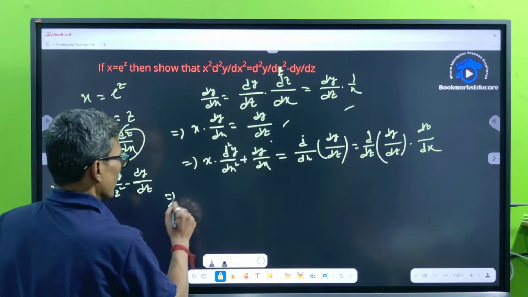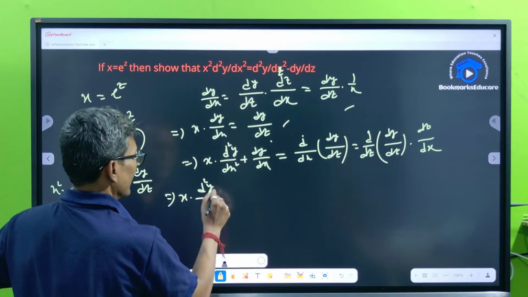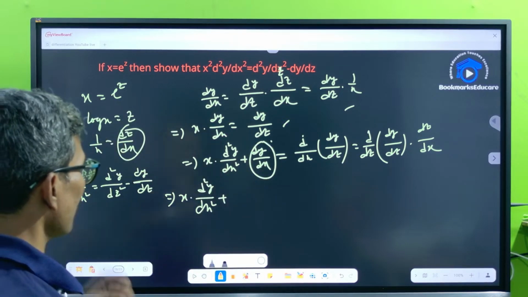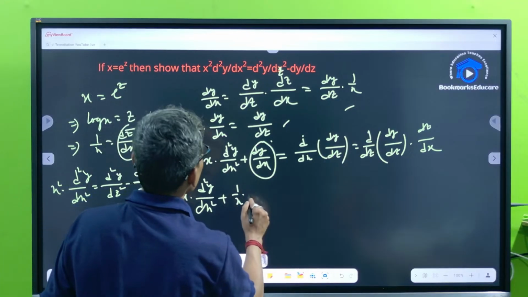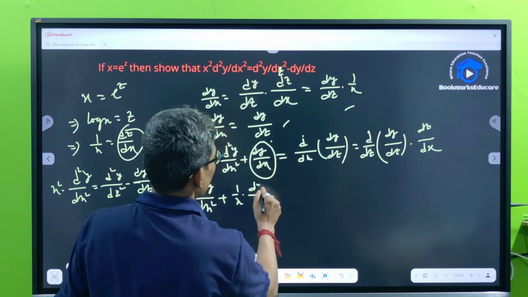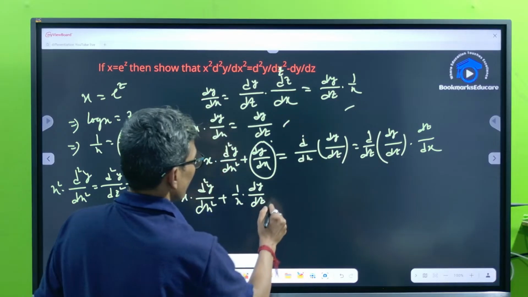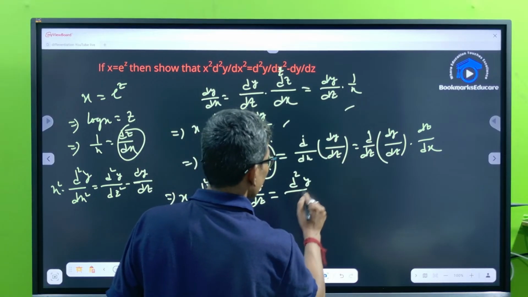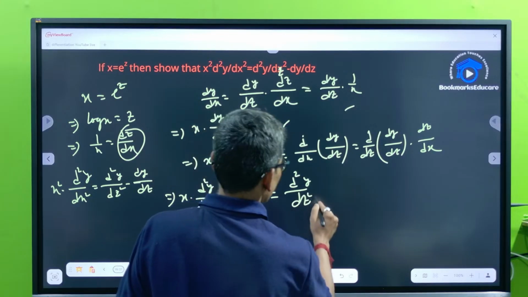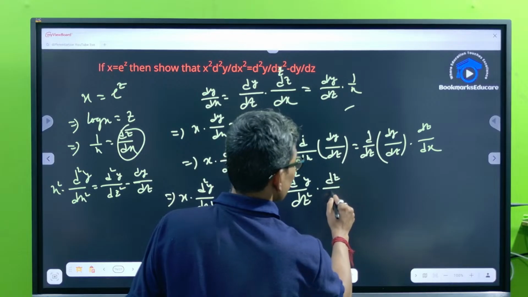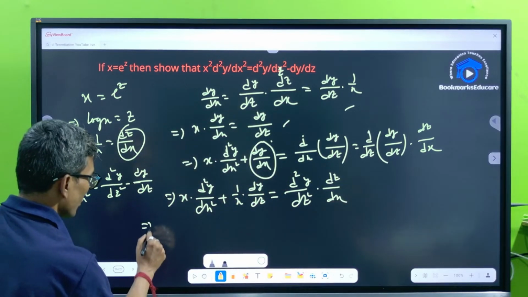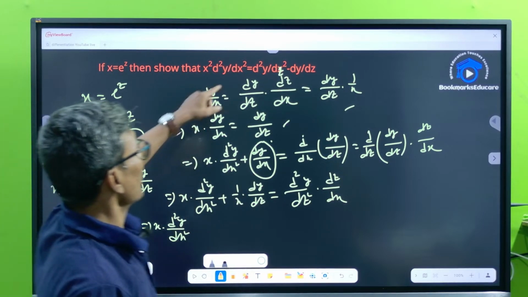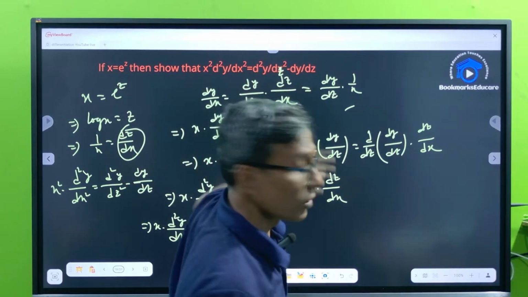So x into d2y by dx2 plus, instead of dy by dx we can put 1 by x into dy by dz, is equal to d2y by dz2 into dz by dx. I made a mistake in this sum here, correct it.